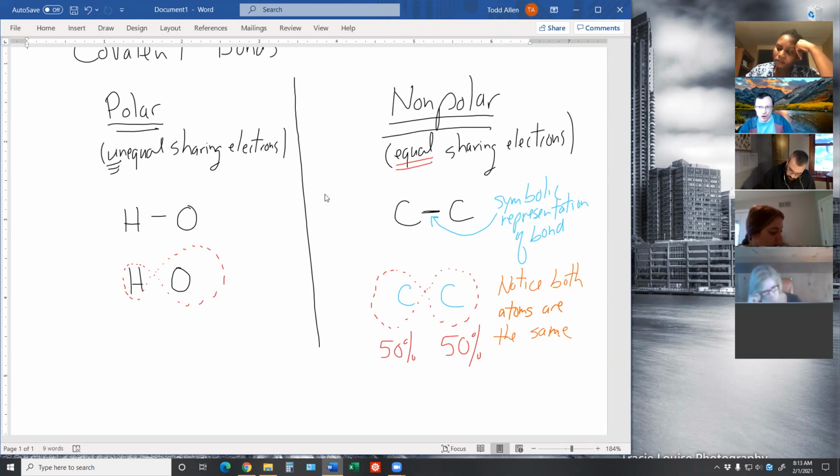So in this scenario, we might have a situation where the electrons are spending 10% of their time around the hydrogen atom, and they're spending 90% of their time around the oxygen atom. And obviously in the polar covalent bond, you notice that the atoms are different.